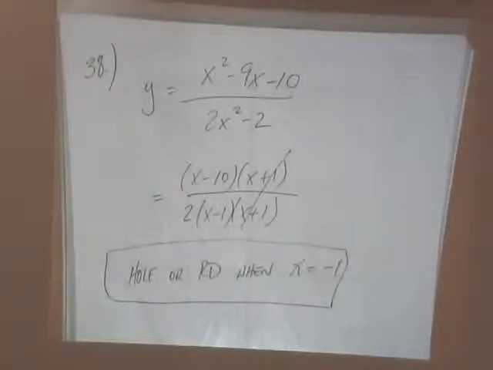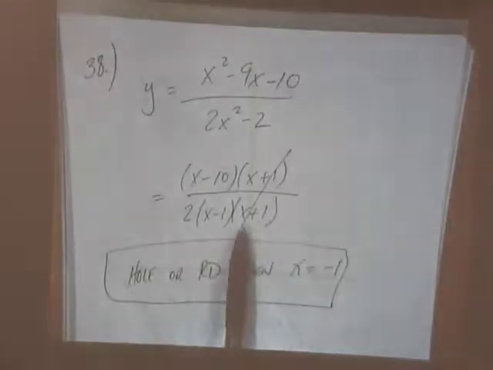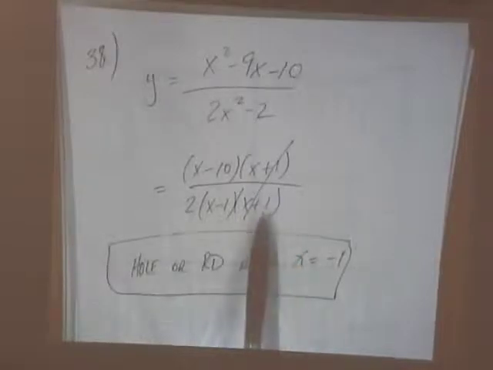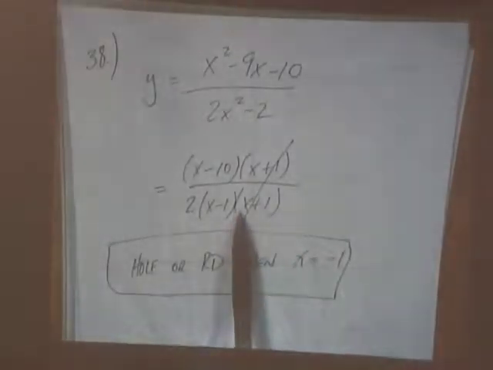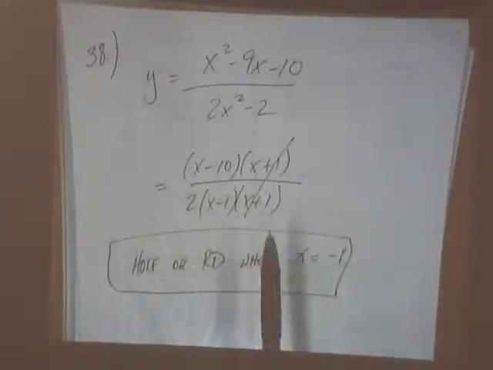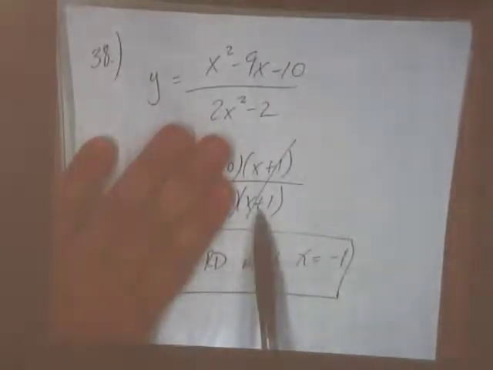Would that be +1? We crossed out the factor x plus 1, right? So we'll make that whole thing equal 0. If x was -1, right? It would be 0. -1 plus 1. The whole thing or just that part? Just that part. So that's the only one you'll use to find the hole?